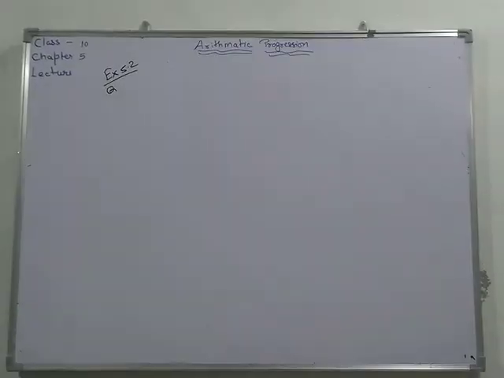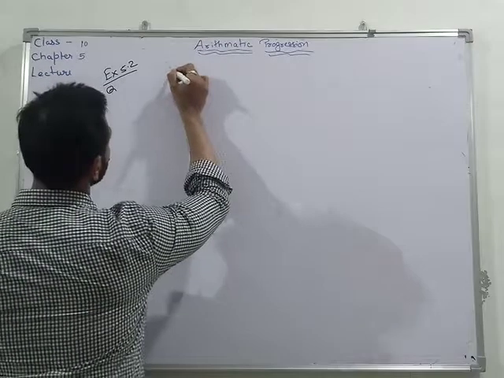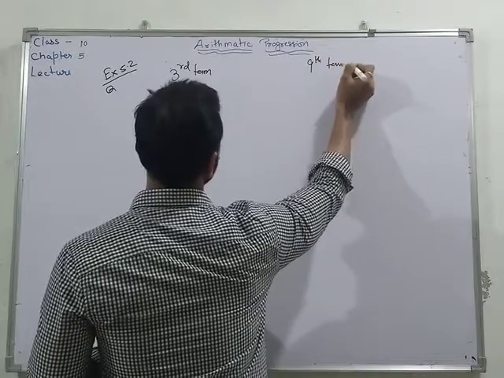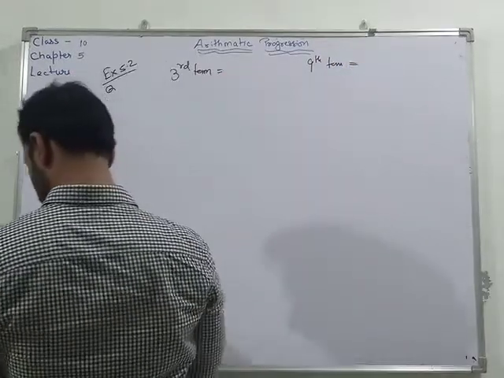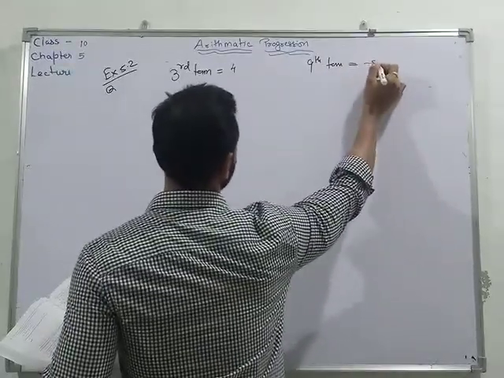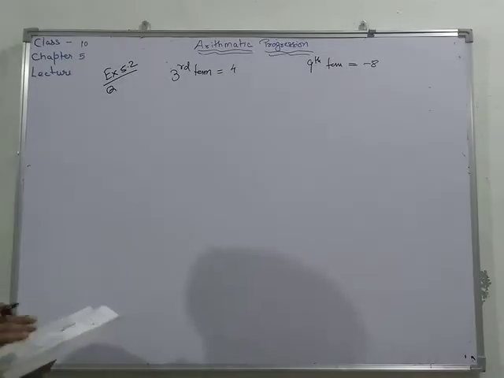The word problem says that if the third term and the ninth term of an AP are 4 and minus 8 respectively, which term of this AP is 0?